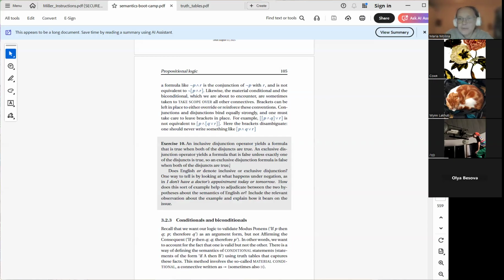Right. Like in some contexts, it can mean allow both.